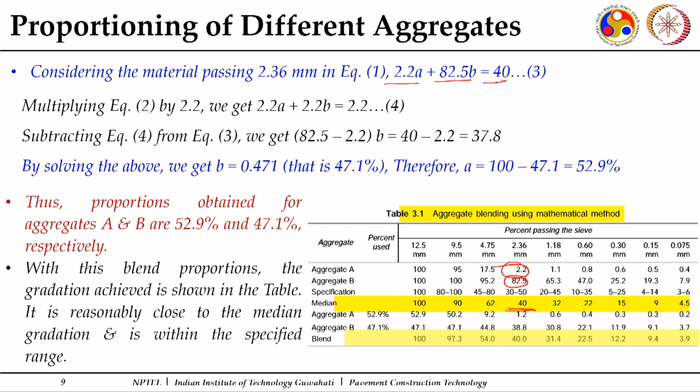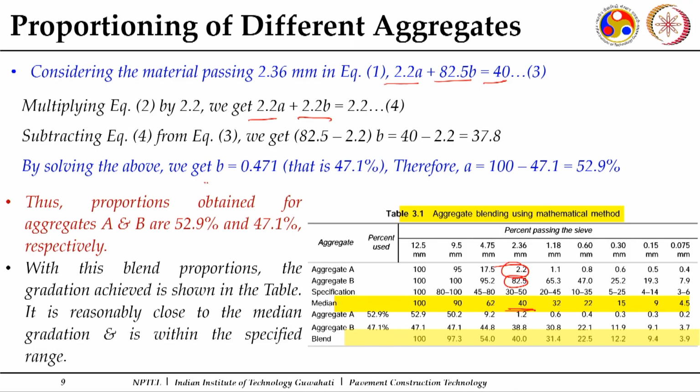So, this target is mentioned here. Another is this. So, I will solve these two variables with the two equations I have. What I get out of it is the value of B is determined as 0.475. So, this means the share of the B material is 47.1%, and the share of A will be 52.9%.